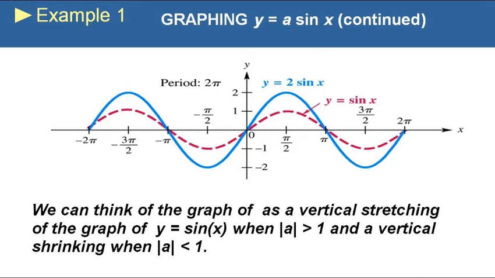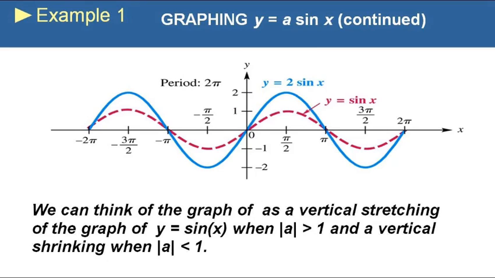Now here's the computer-generated version. It's just a little prettier than mine. So y equals sine x is here, and you can see that 2 sine x is here. So you can think of the amplitude as a vertical stretch. When amplitude is greater than 1, it's going to make the y values exaggerate, or it's going to stretch the graph.